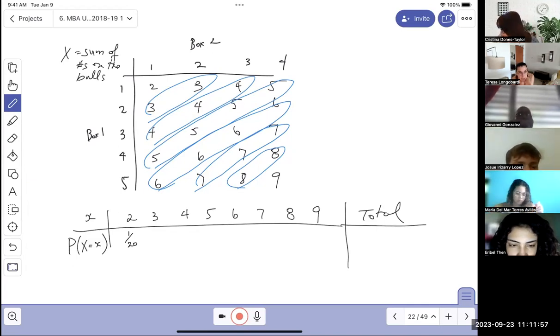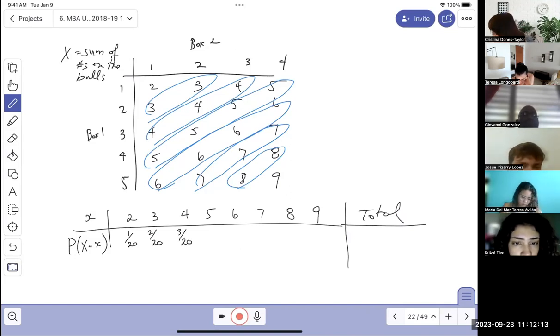So the chance of a 2 is 1 out of 20. What's the chance of 3? 2 out of 20. Exactly. And then chance of 4, 3 out of 20. 5, 4 out of 20. 6, 4 out of 20. 7, 3 out of 20. 8, 2 out of 20. And then 1 for 9.